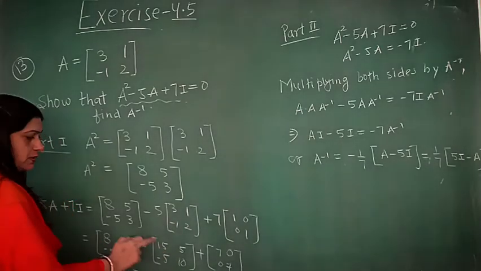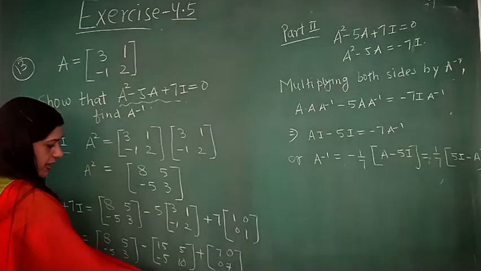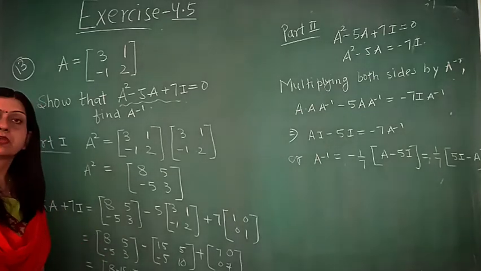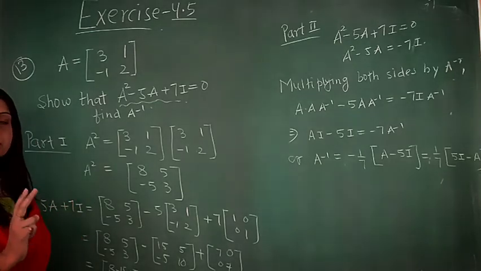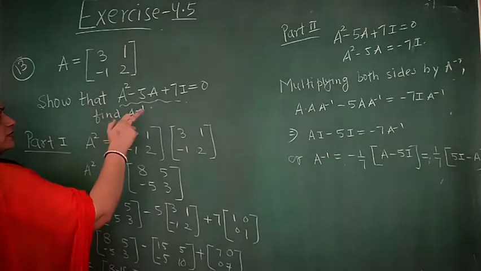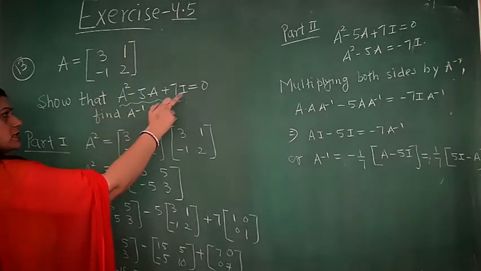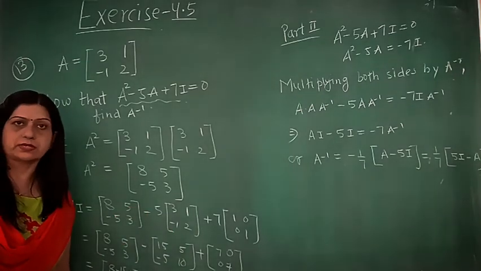Then, after doing the addition and subtraction operations, you will find that it is equal to 0. So this is a very easy question. You just have to find the value of A square, substitute the values of the other terms in this equation, and finally show that it is equal to a 0 matrix.